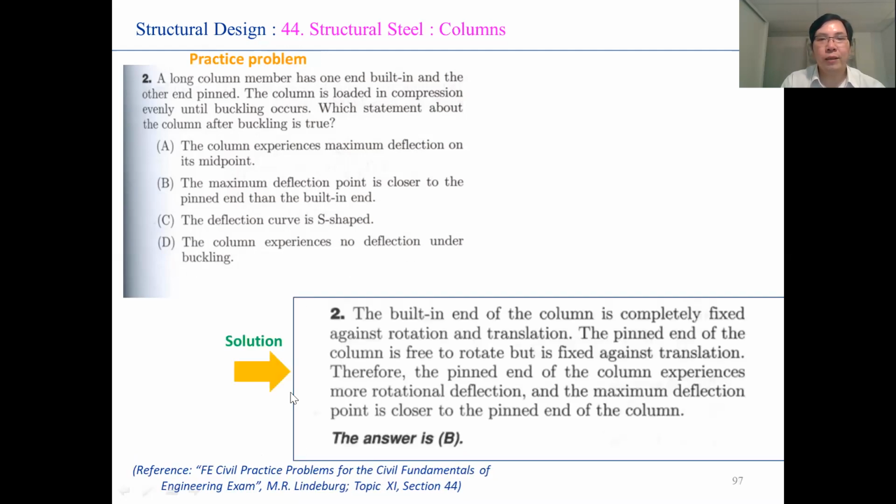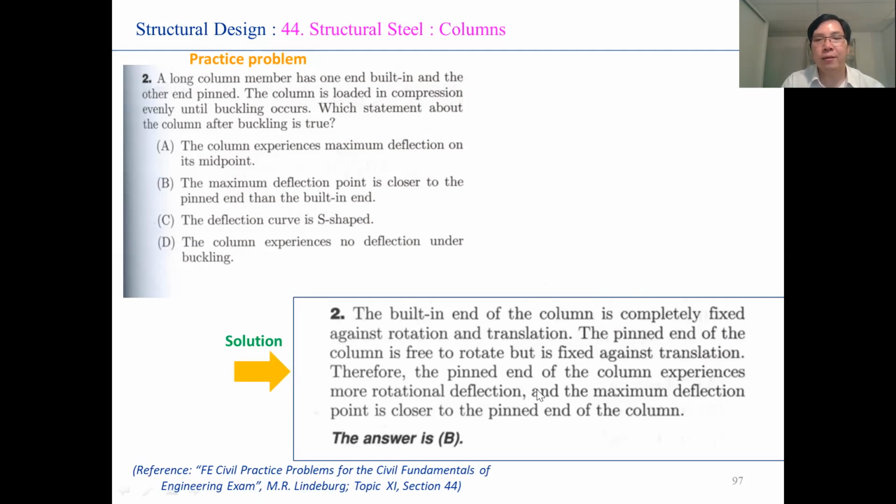So you can see that the built-in end of the column is completely fixed against rotation and translation. The pinned end of the column is free to rotate, but is fixed against translation.